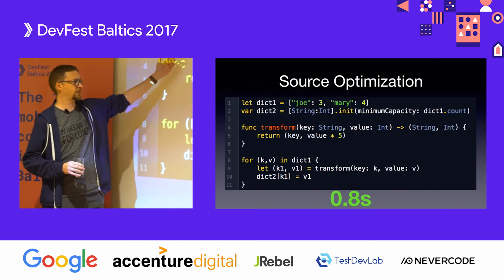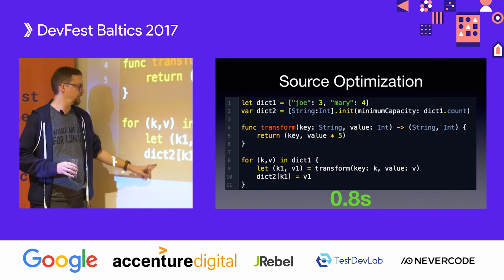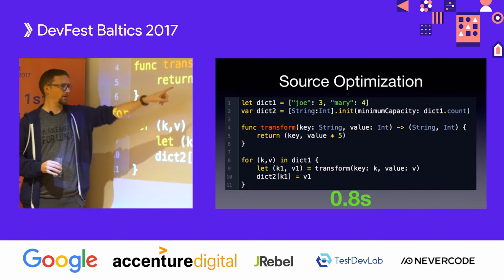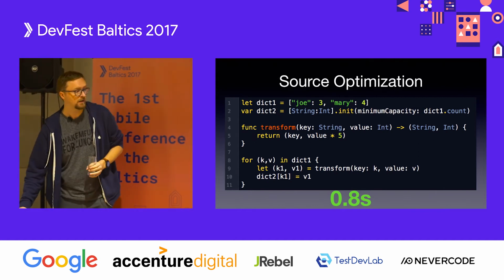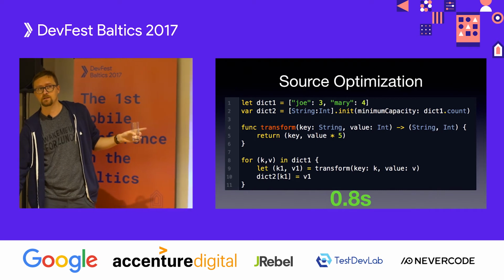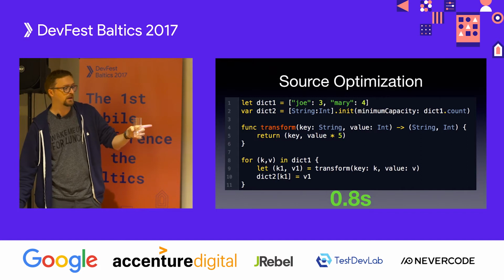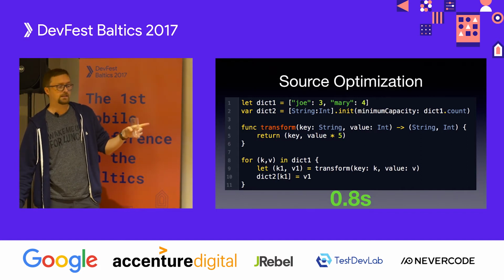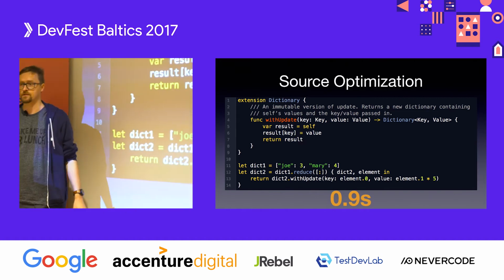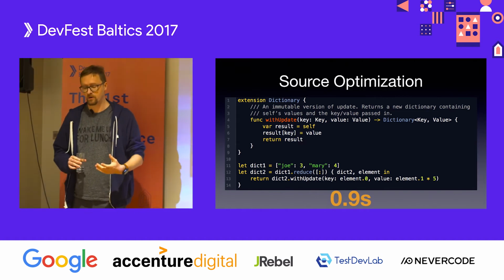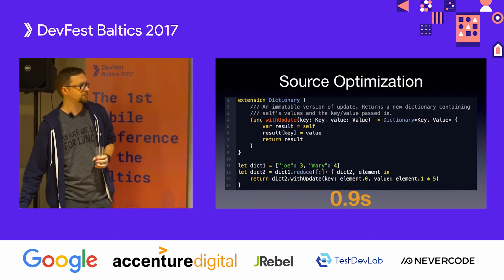Also, I have some transform helper function, and I call it, and I change the value and multiply by 5 here. But this time, the other one was executed in 0.9 seconds, right? And this one is 0.8. And this is a very small example, because there's just two values in the dictionary. That will probably be more visible in a bigger dictionary.